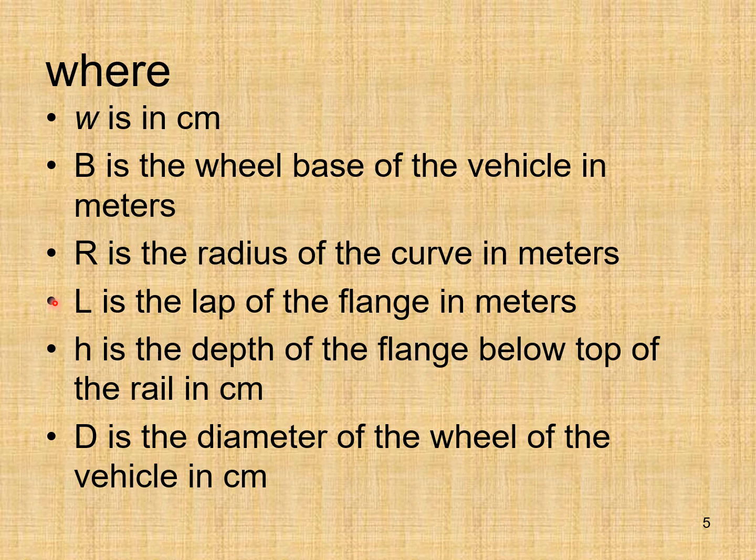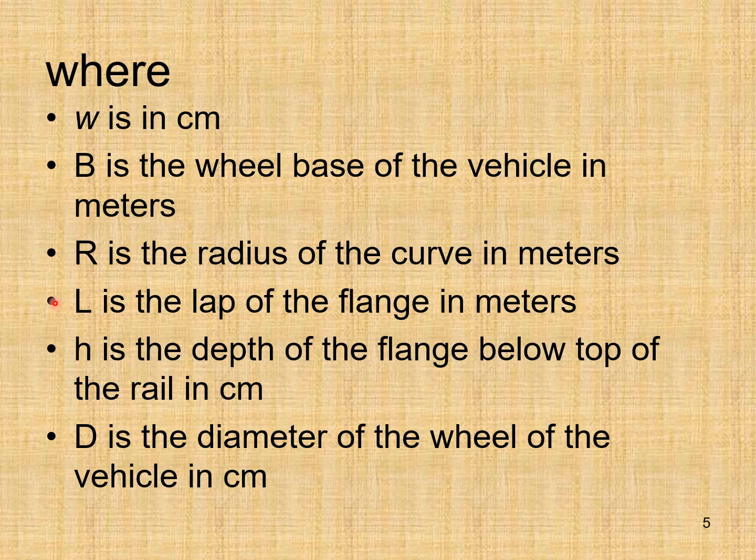Now the lap of the flange in meters means, when the train is resting on the railway track, if you just look at one wheel, obviously the flange of that wheel is in front of the side of the rail.